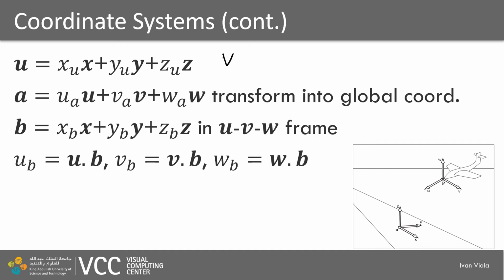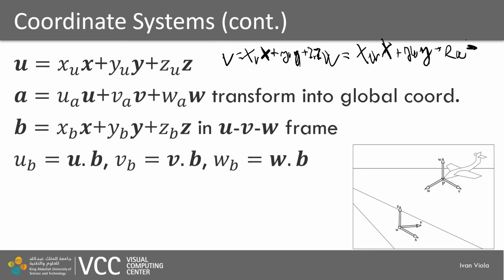So here will be the coordinates for u, v, w, which will be xv x plus yv y plus zv z, and similarly xw x plus yw y plus zw z.